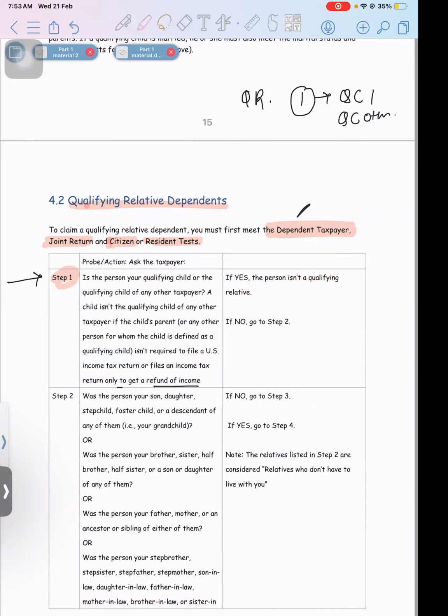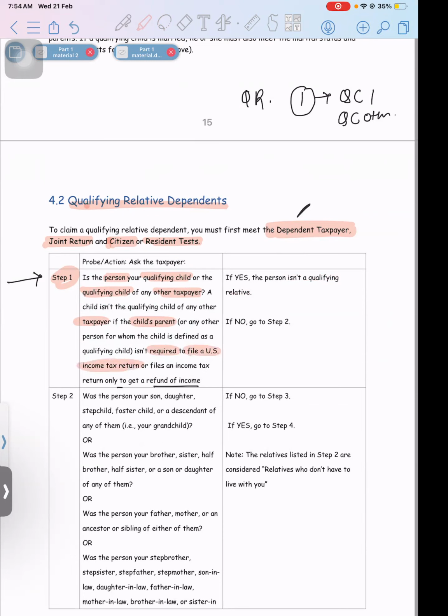I hope you understood the line. Is the person your qualifying child or a qualifying child of another person? A child isn't a qualifying child of another taxpayer if the child's parent or any other person for whom the child is defined as a qualifying child isn't required to file a US income tax return.